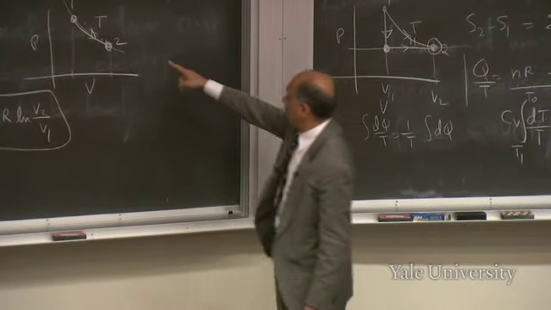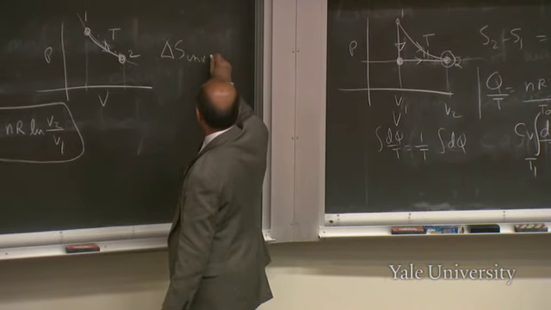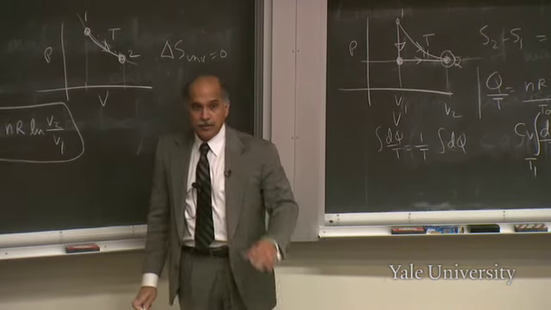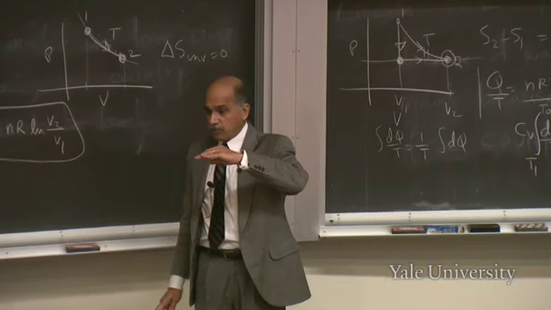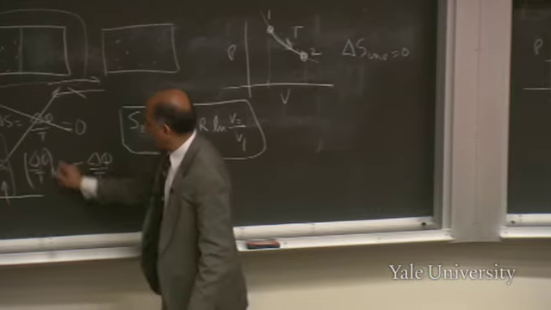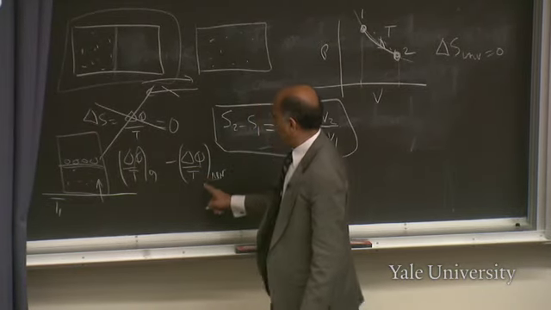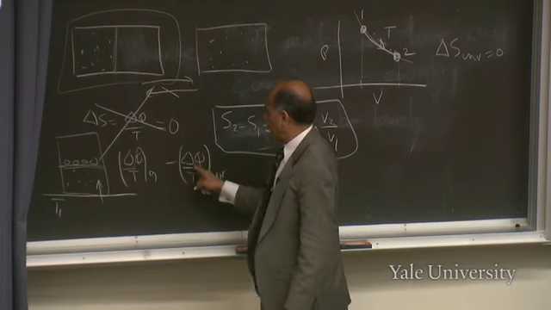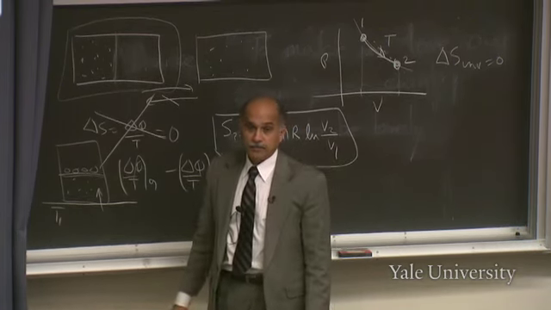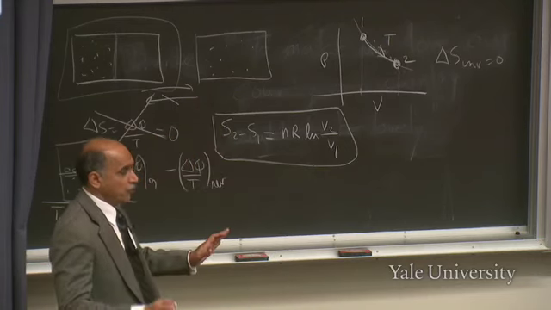But this process, where you can actually see it, is one in which delta S of the universe is actually 0. Why? Because you're putting it in contact with the reservoir at the same temperature, so delta Q over T for the gas and delta Q over T for the reservoir exactly cancel, because they're at the same temperature, and delta Q for one is minus delta Q for the other. So don't confuse the two processes.